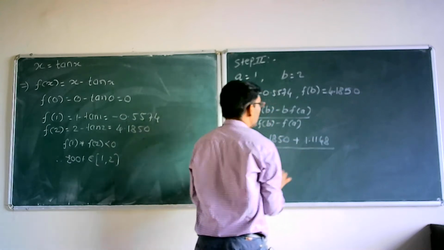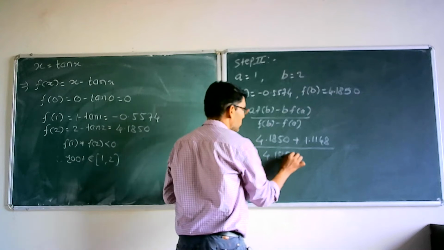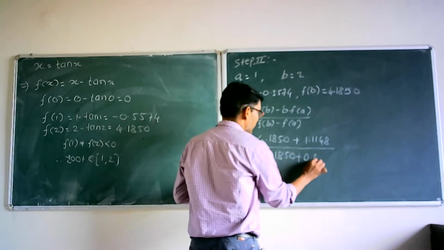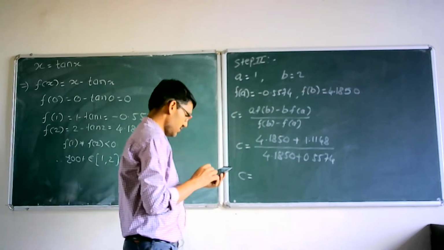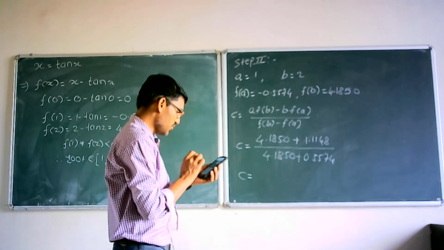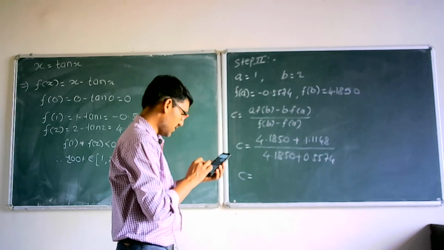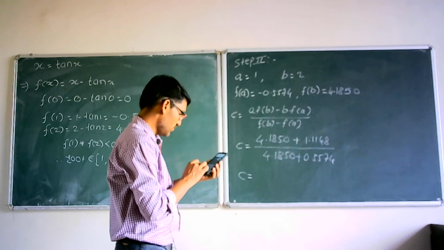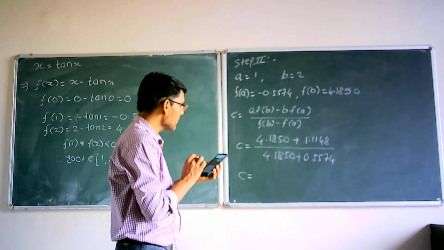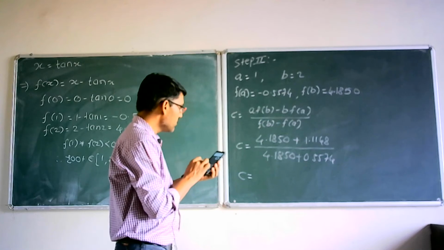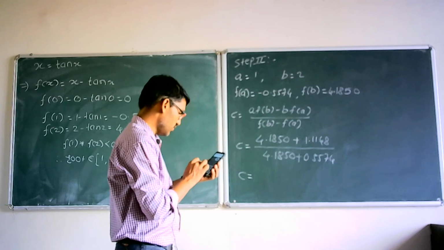Next, this whole divided by f of b minus f of a, so 4.1850 plus 0.5574. You can use your bracket: 4.1850 plus 1.1148, this whole divided by 4.1850 plus 0.5574.